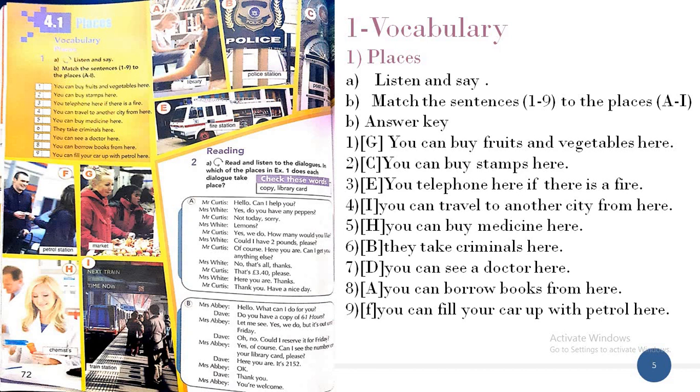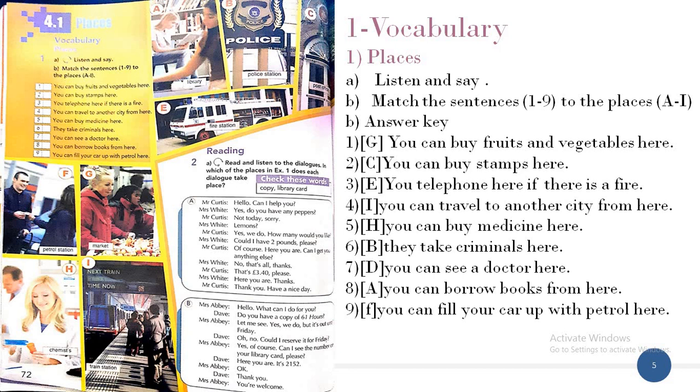You can travel to another city from here. Where do we have to go? Yes, picture I. It's a train station. 5. You can buy medicine here. Picture H. Good. 6. They take criminals here. It's picture B. Good. Police station.